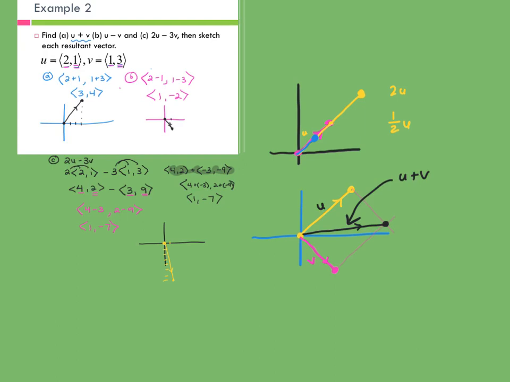If you started with that same initial question, so let's go back a little bit, erase this. And it said to find 2v plus u, then the first thing we're going to do is take v and double its length. Again, we're going to kind of eyeball this.